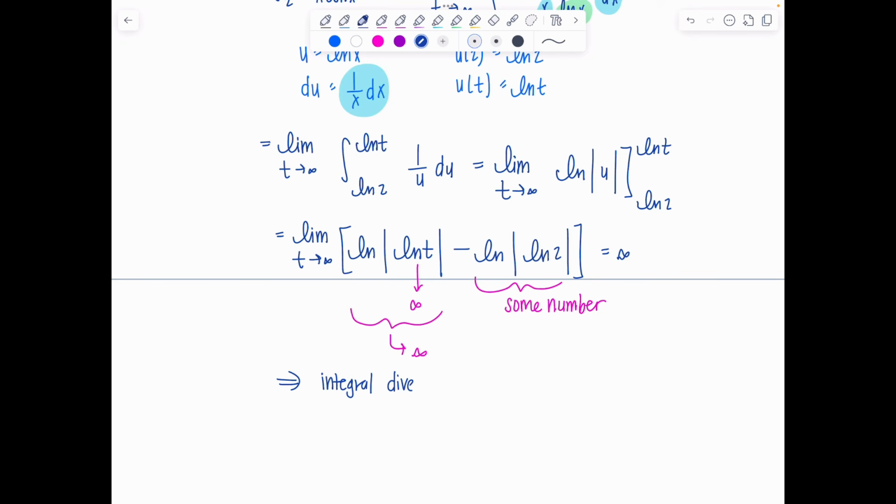This limit would need to be some constant for the integral to converge. So if the integral diverges, then that means the infinite series, n equals 2 to infinity, 1 over n ln of n diverges also, let's tell the people why, by the integral test.